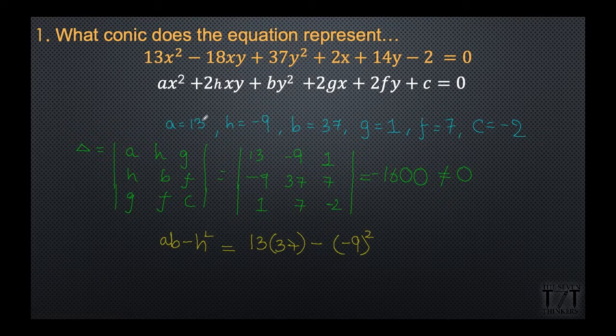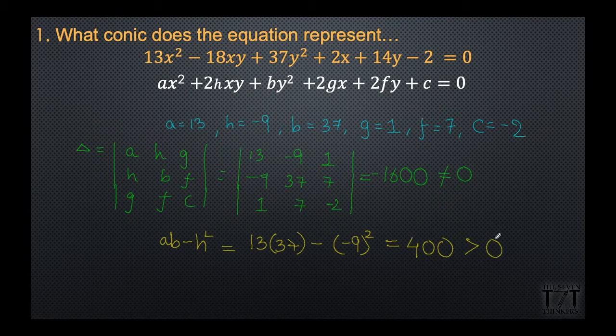So 13 into 37 is 481 and 481 minus 81 will be equal to 400, which is greater than 0.